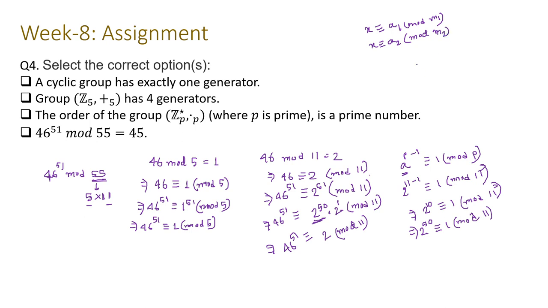Then we want to find some a such that x is congruent to a modulo m1 m2, right? So here also you will find that. So this is about the Chinese remainder theorem. Okay, so you can see it on your own.